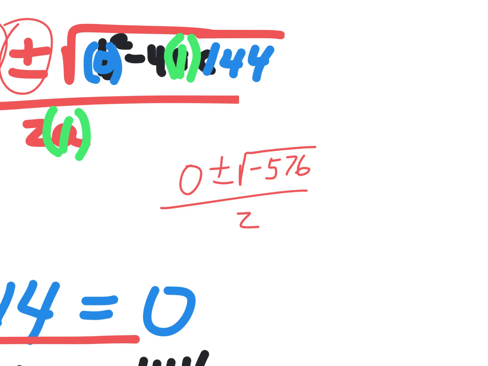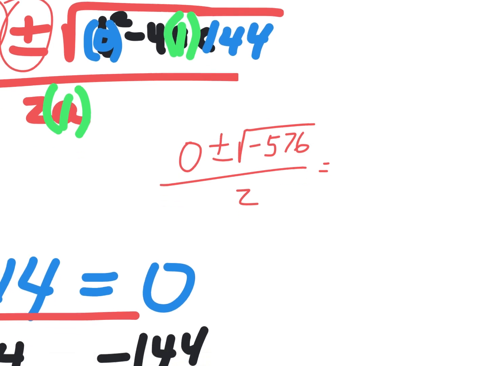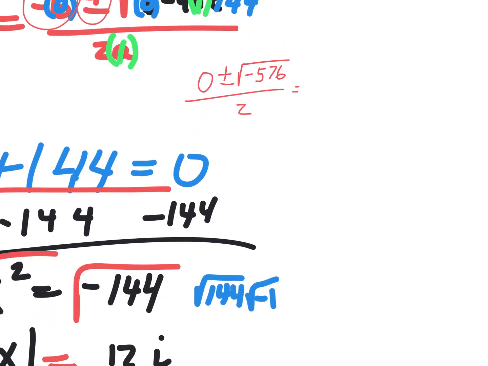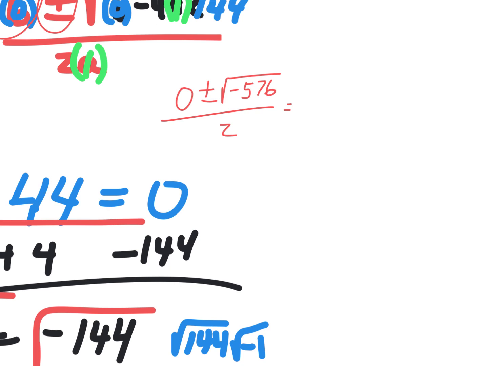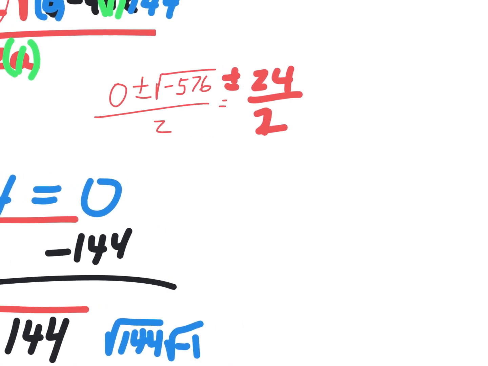I can't drop the plus minus. And then, what is the square root of 576? 24, I think. So now I have plus and minus 24 over 2. Oh, 24 over 2 is 12. That's where I get my plus and minus 12.